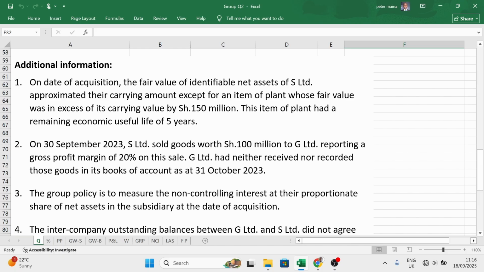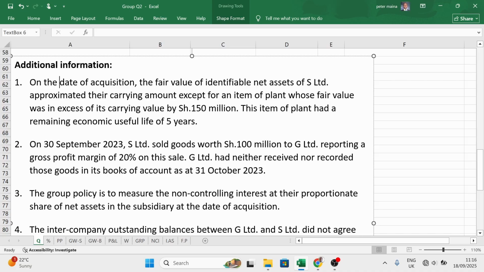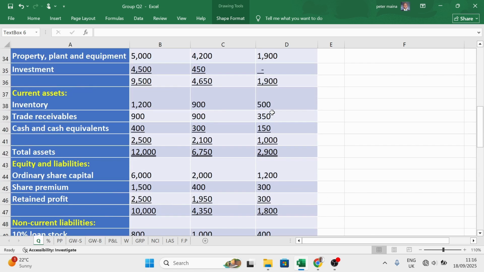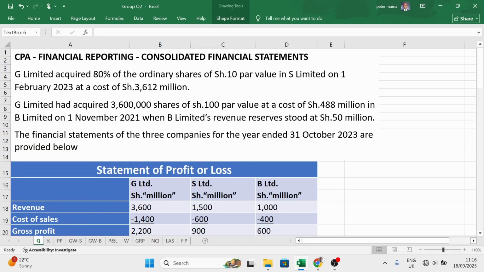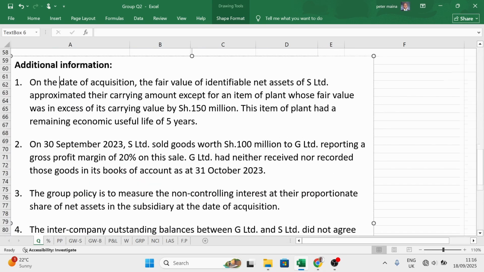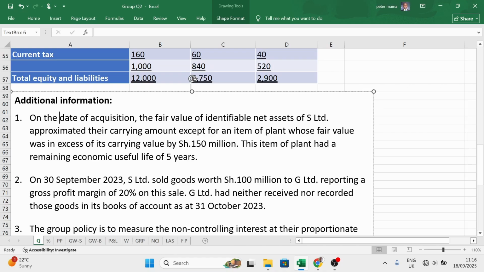Number 1 says, on the date of acquisition, the fair value of identifiable net assets of S Limited, which we have seen is the one given in the first sentence and which we have said is a subsidiary, approximated their carrying amount except for an item of plant whose fair value was in excess of its carrying value by 150 million shillings.